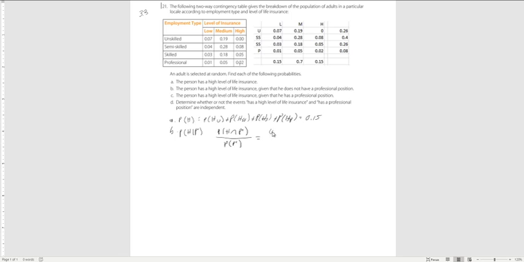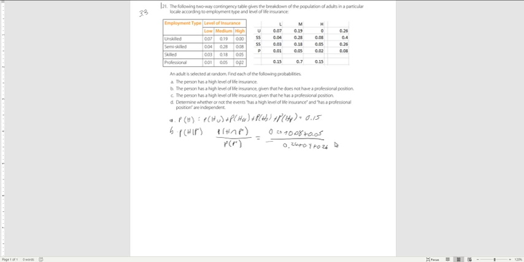So this is going to be 0.00 plus 0.08 plus 0.05, divided by the probability of not professional. Here's the probability of professional, so all the rest of these would be added in to be not professional. That would be essentially from the column over here, the 0.26 plus 0.4 plus 0.26 again.